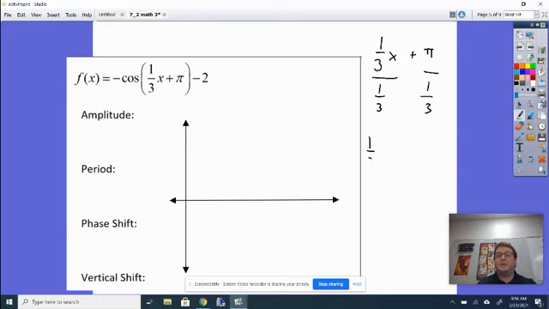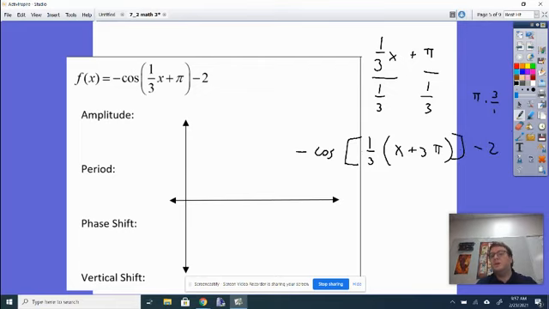And then I can put that out front. 1/3 divided by a third is just 1, which is what we wanted. And then pi divided by 1/3, pi times 3/1, KFC, is going to give me 3 pi. Okay, and then I can take this and I can substitute it back in. So I've got negative cosine, bracket, minus 2. Okay, and again, I would just plot this kind of like I did on that first one.